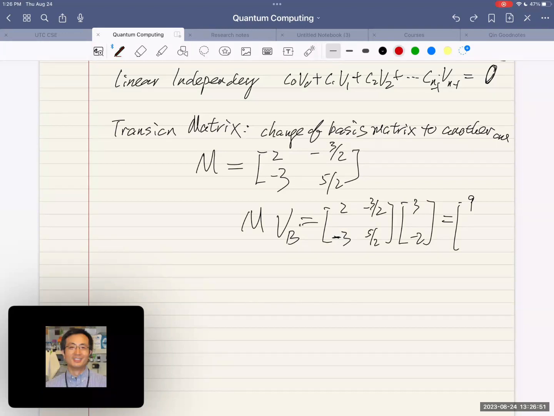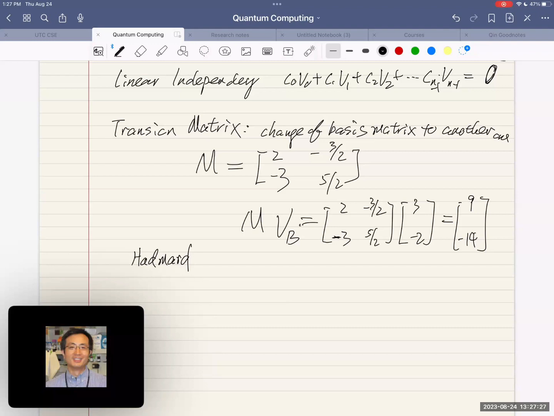So the important transition matrix in quantum computing is the Hadamard matrix. This can be a bit confusing because it is often replaced by H. Let's just say this is the letter H, not the superscript.